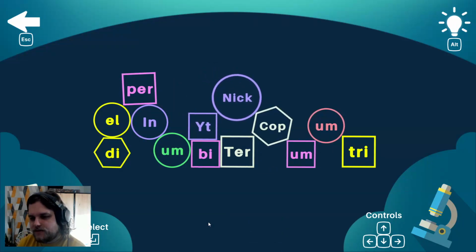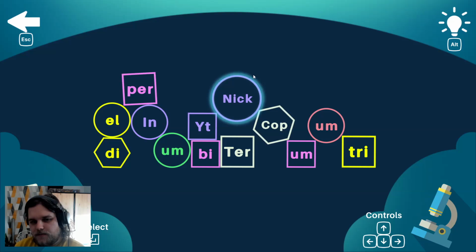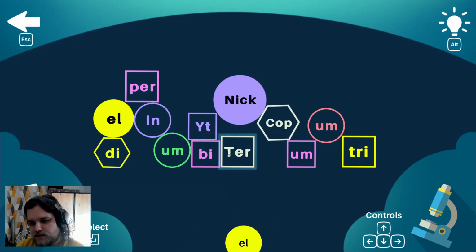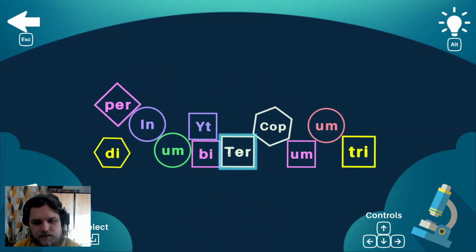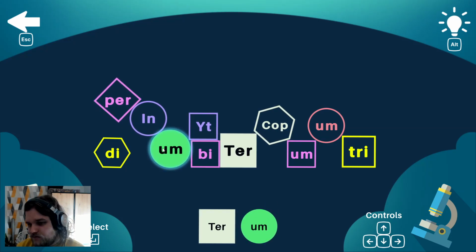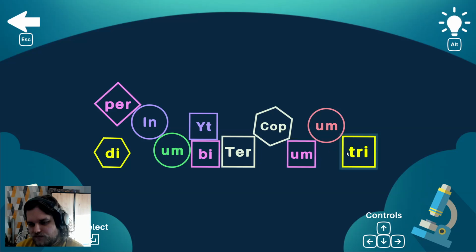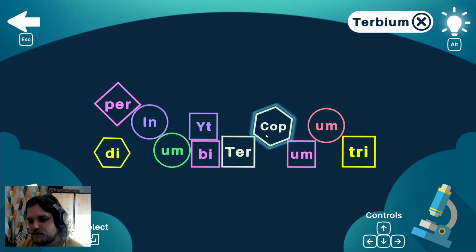See some pattern here. Oh, okay, now it's here. That before. Therium. Serpentine or something like that. Okay, let's try some terbium. Okay.